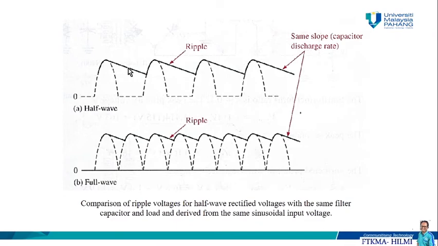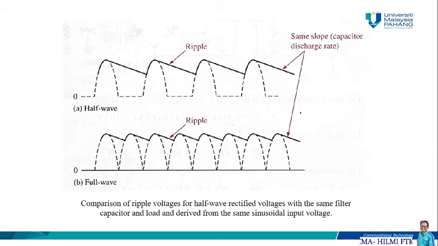So the ripple voltage is going to be very large, although the slope is the same as with the full wave rectifier. Basically, the slope represents the discharge rate of the capacitor.